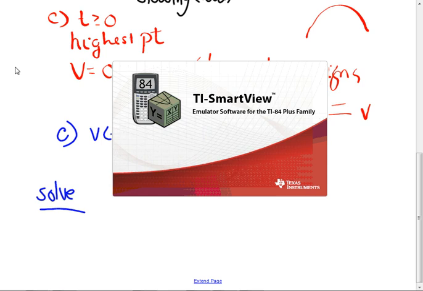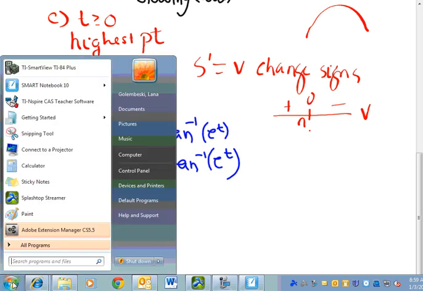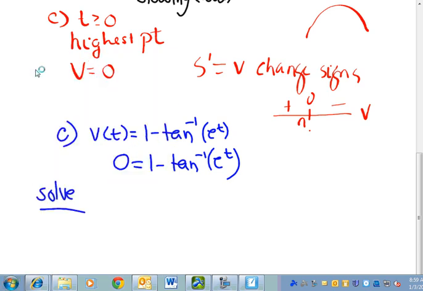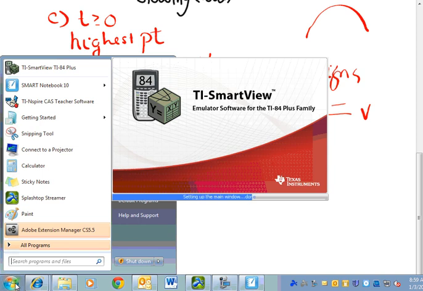Now I'm going to put this in Y1. You're using solver, but there's also a solve, which I like better. What happened to my calculator? Did they change me? Oh, there it comes.